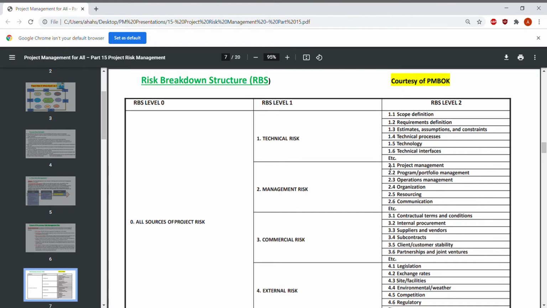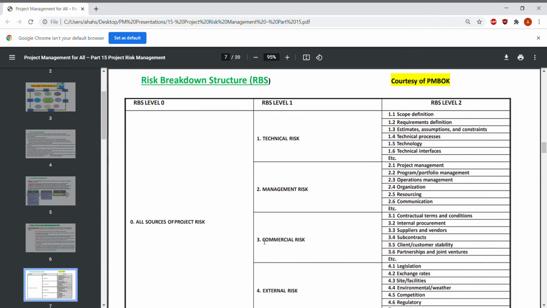The sources of the management risk are the project management, program or portfolio management, operations management, organization, resourcing, and communication. So these are the sources of the management risk.